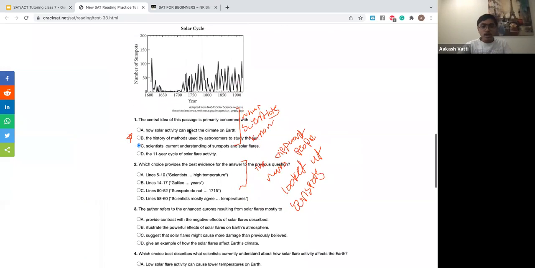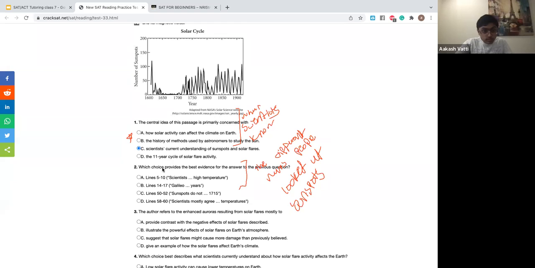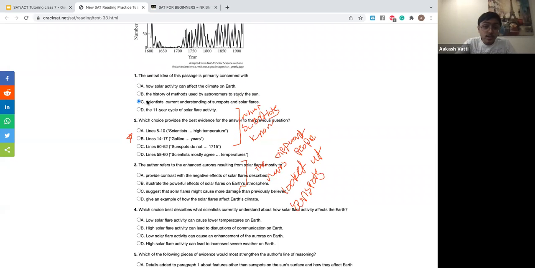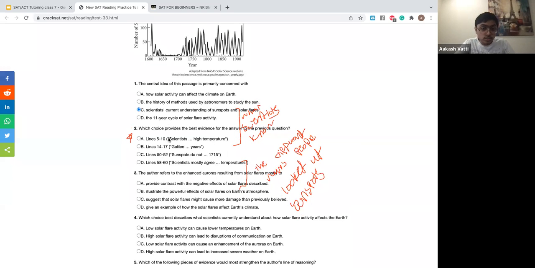There's no one obvious answer now. Well, there is an obvious answer since we chose C. However, if we somehow did choose B, we would put our answer as B for the second question as well, and that would result in us getting 2 questions wrong. So you have to be careful on questions that have a question followed by what is the best evidence, because there's a potential to get 2 questions wrong in a row, which is really bad considering it's 2 questions that you straight up got wrong.